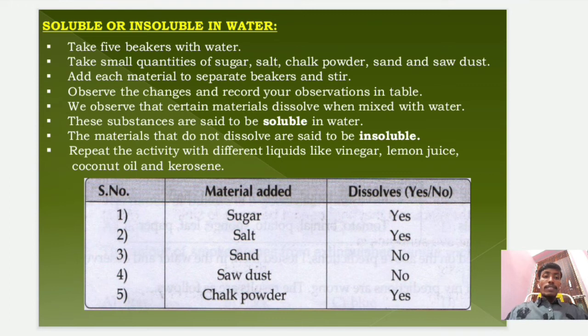And sand does not dissolve in water, it is an insoluble substance. Repeat this activity with different liquids like vinegar, lemon juice, coconut oil and kerosene. Take some more materials to add. Observe which dissolve and which do not, which are soluble and which are insoluble.